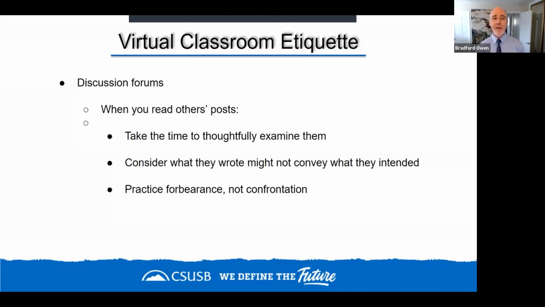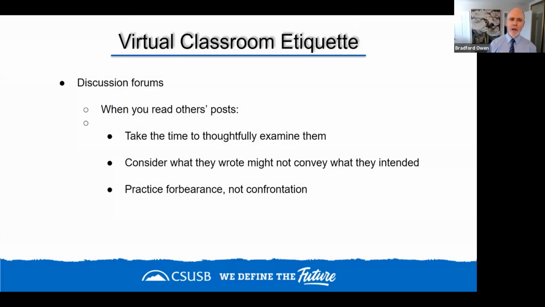Turning now to discussion forums in particular. When you read others' posts, certainly take the time to read them carefully and think about what their intent is.